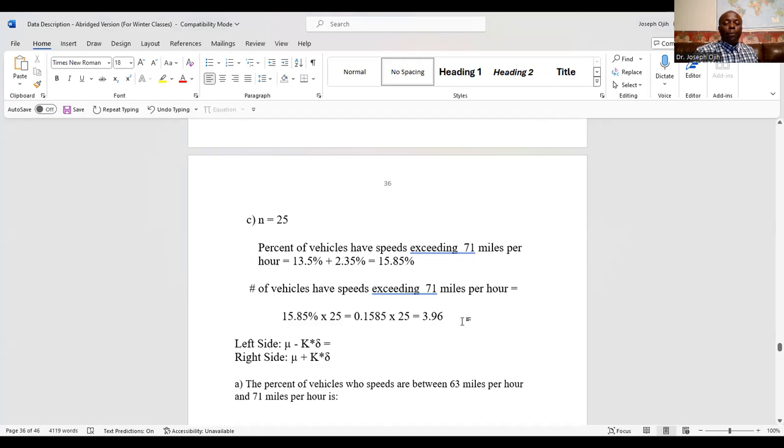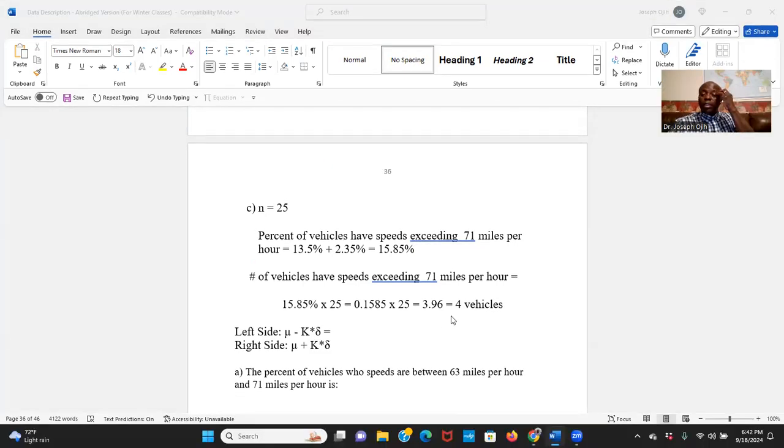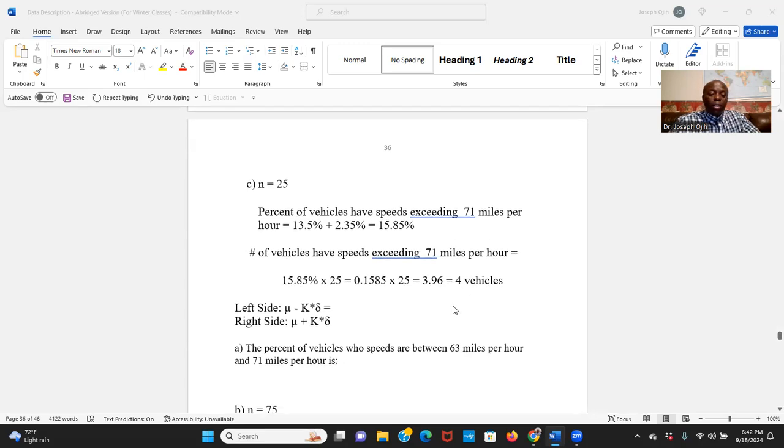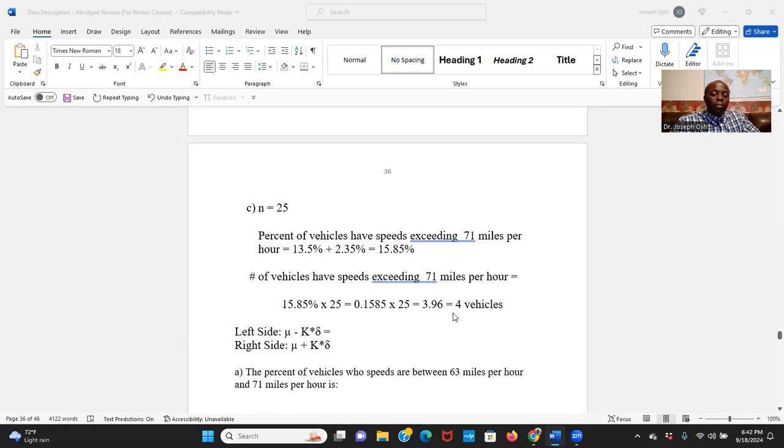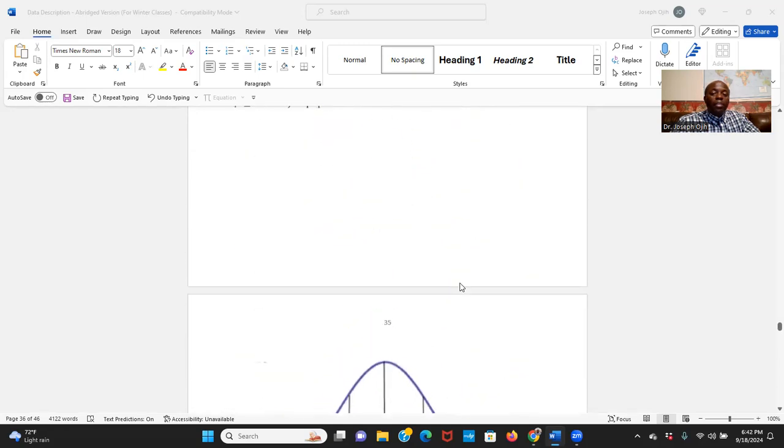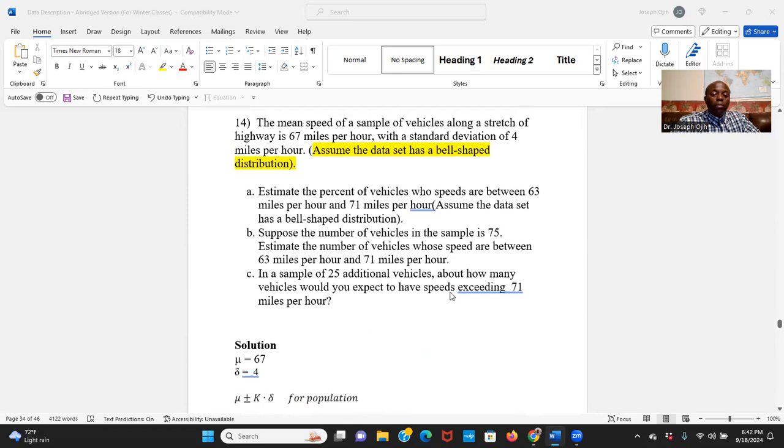That means approximately 4 vehicles have speed that exceeds 71 miles per hour. 3.96 vehicles, or approximately 4 vehicles. Okay, now that answers the question.